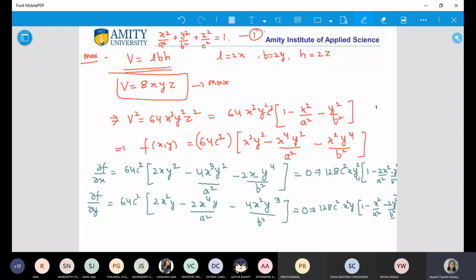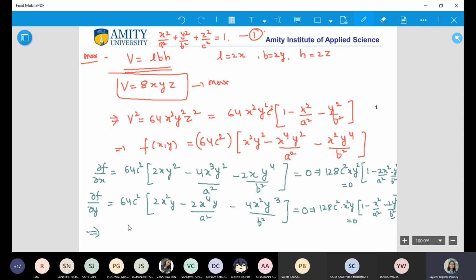Now, there are two factors, rather three factors, x, y and this factor. And this is equal to 0. Clearly, x and y can't be 0. So, what should be 0? Why am I saying that x and y can't be 0? Because the parallelepiped should have some dimension. Right?